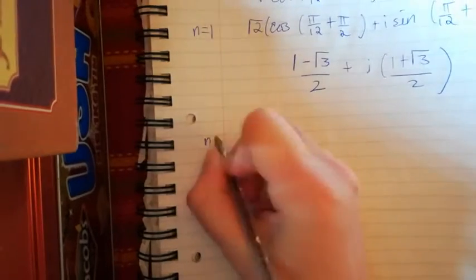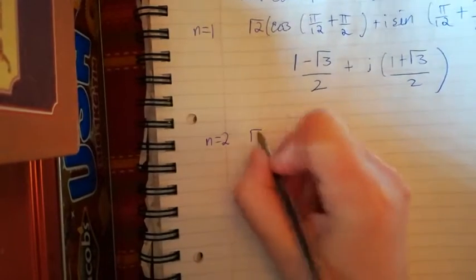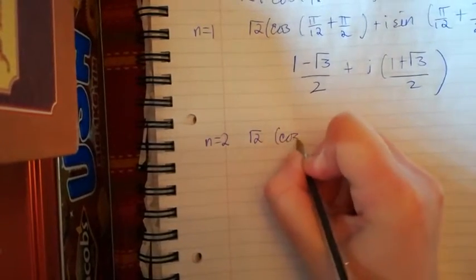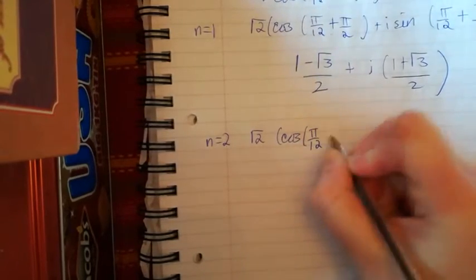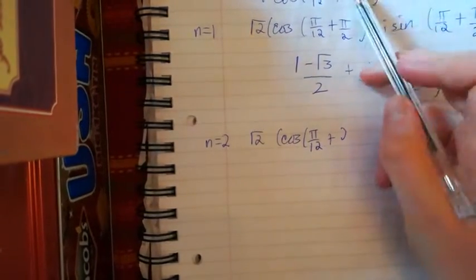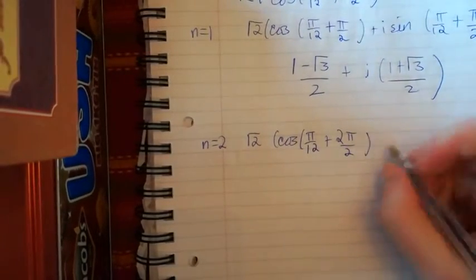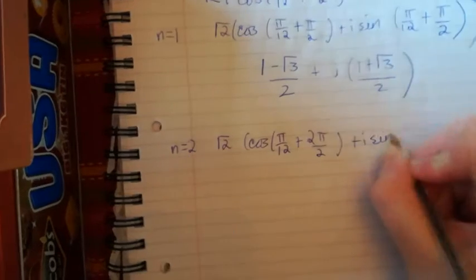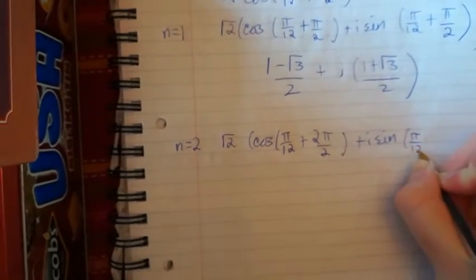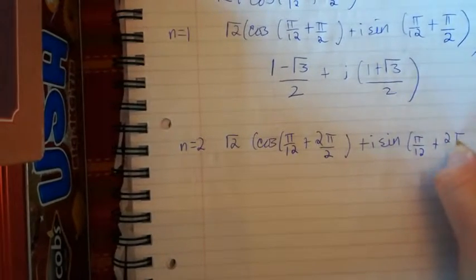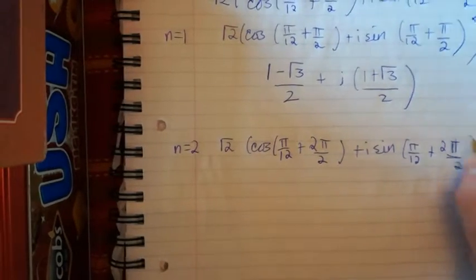And then our next solution we have to get is n equals 2. Second rotation, so it's going to be cos of pi over 12 plus 2 pi over 2, so that's just going to be pi, plus I sin of pi over 12 plus 2 pi over 2.